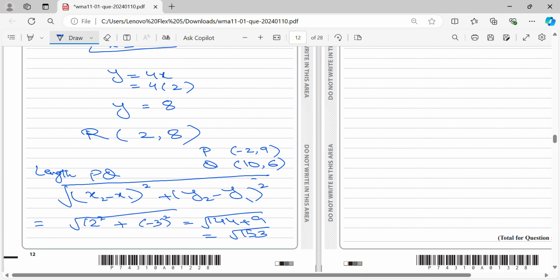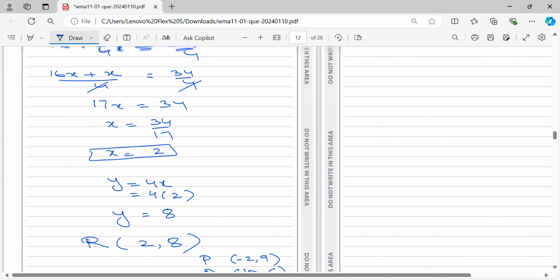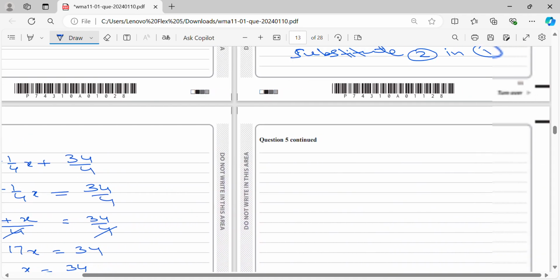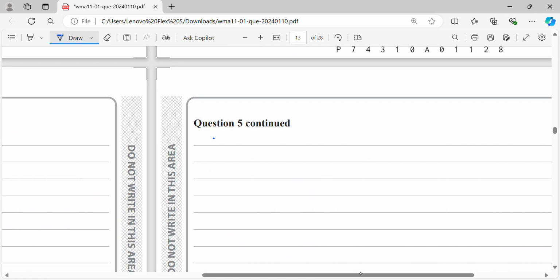Now I'm going to find out the length of OR. O is the origin, R is 2, 8. We just got R. So R is 2, 8, and O is the origin.